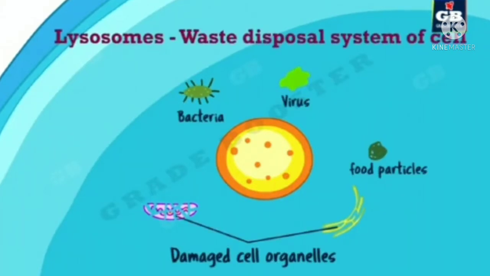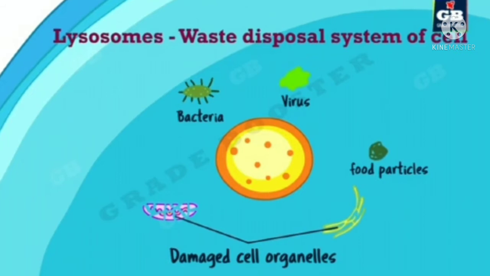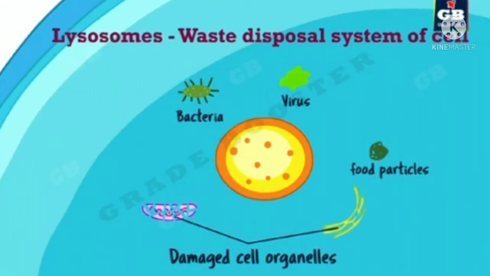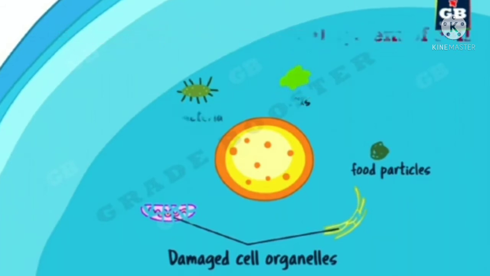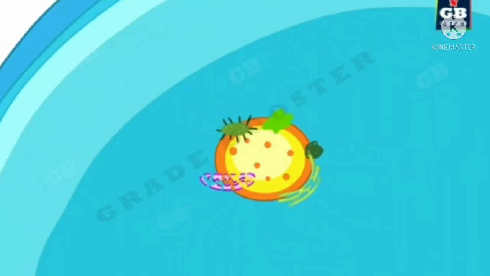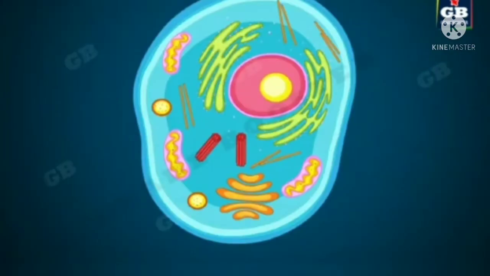Sometimes a bacterium, a virus or some undigested food particle enters the cell. It is considered waste and has to be removed. Sometimes parts of the cell are damaged or worn out. These parts are also considered waste or unwanted materials. These kinds of materials are cleared by lysosomes.